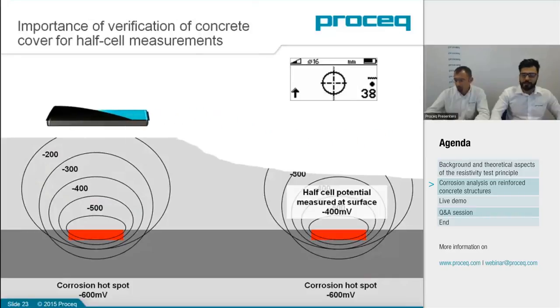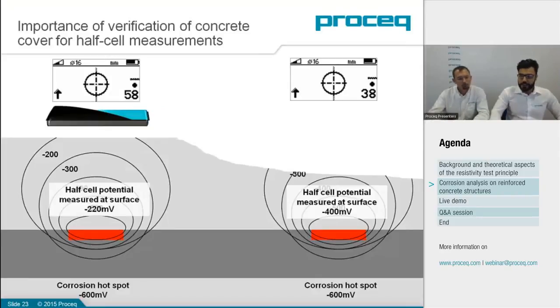But as we do the cover reading on the next area, where the cover is obviously larger, you can see that your half cell potential is far less. So the half cell measurement has to be in parallel to your concrete cover. Again, you're comparing apple to apple when you're scanning your area in your grid.